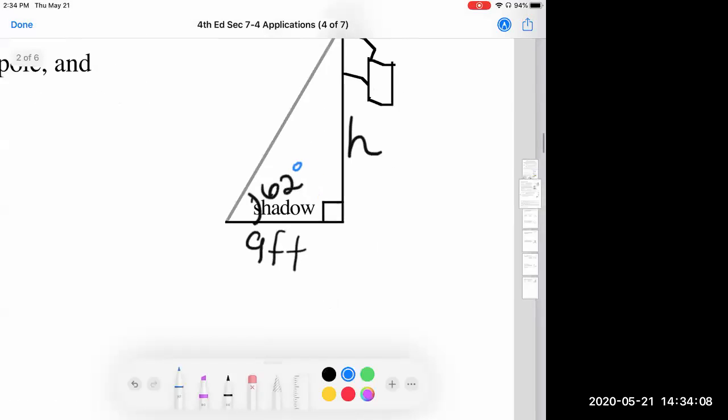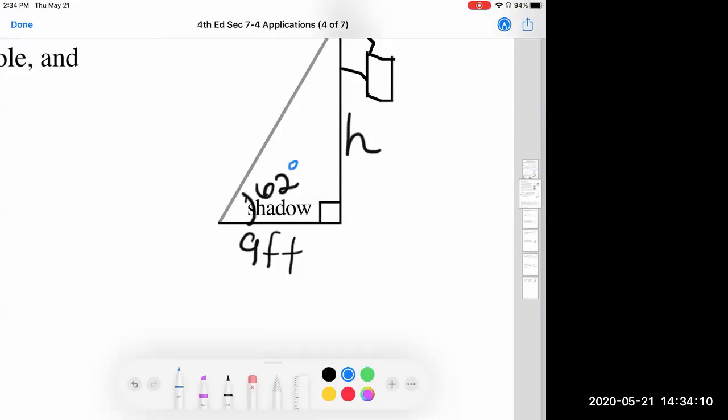So if our eyesight is at the 62-degree angle, and I want to solve for that H, and we're given that 9, what trig function can I use? Now I have to think: from my angle, this is opposite.